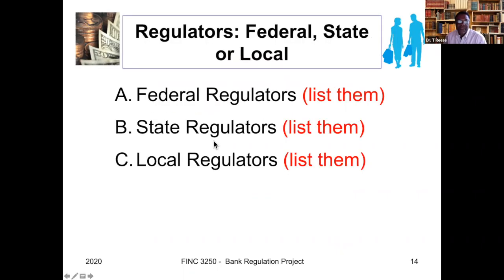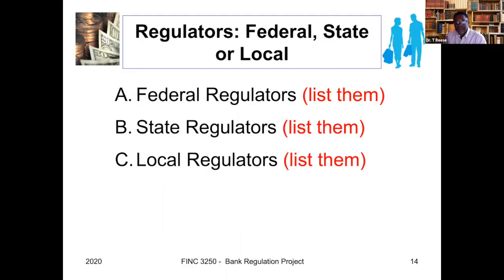In this slide, we're going to identify what regulators are responsible for overseeing the provision of this service. So you're going to identify any federal regulators, list them. Again, in this red font, I'm identifying what I want you to do. In the final version of this PowerPoint presentation, please remove the "list them" that's in red font.